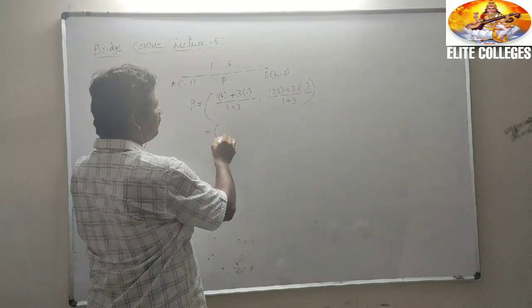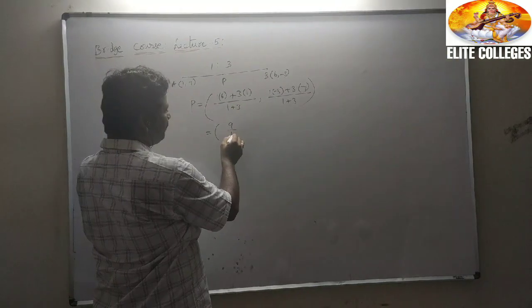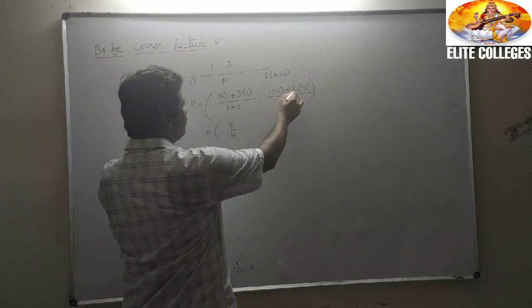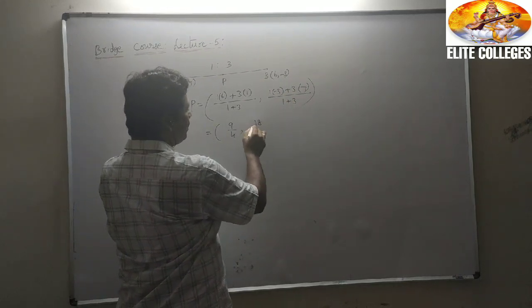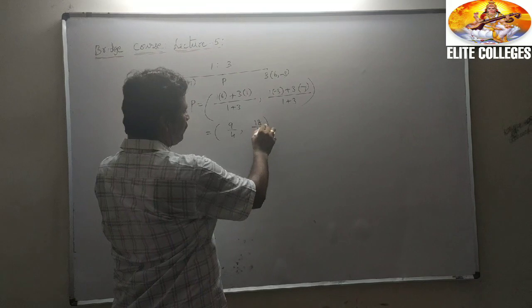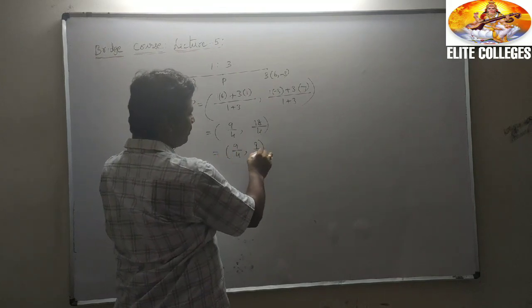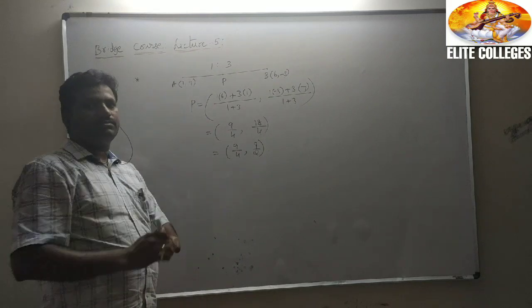So what is this equal to? 6 plus 3, 9 by 4, comma minus 3 plus 21, 18 by 4. That is equal to 9 by 4, comma 9 by 2. That is the point.